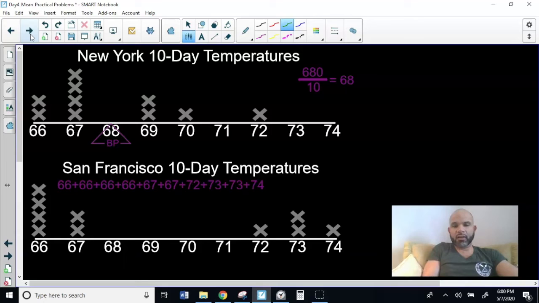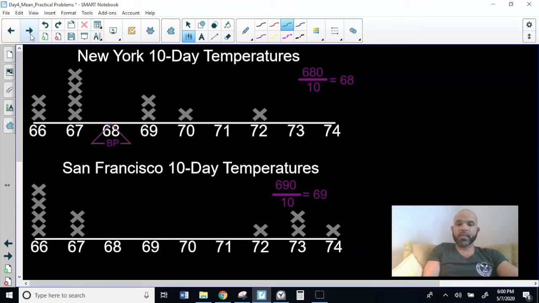So we add all of our temperatures up. There's 10 of them. It adds up to 690. Because there's 10 of them, we divide by 10. So our mean temperature, our balance point for San Francisco was 69. So 68 degrees in New York, 69 degrees in San Francisco.